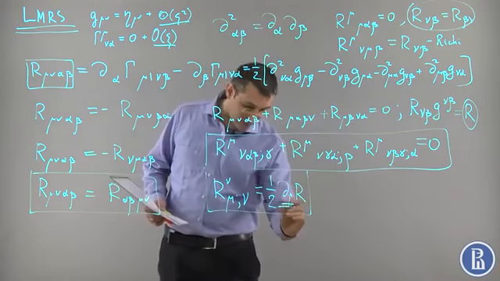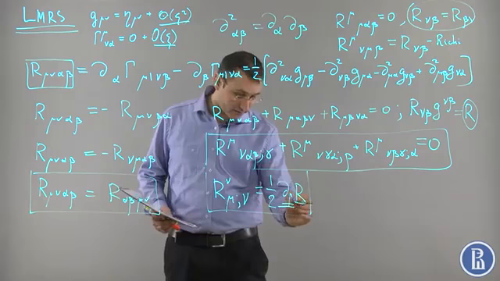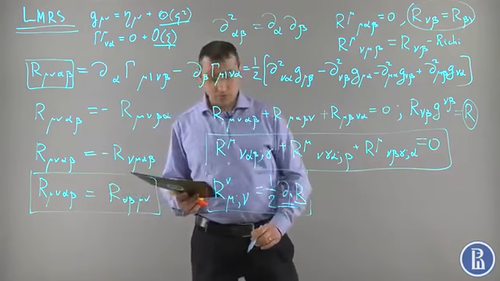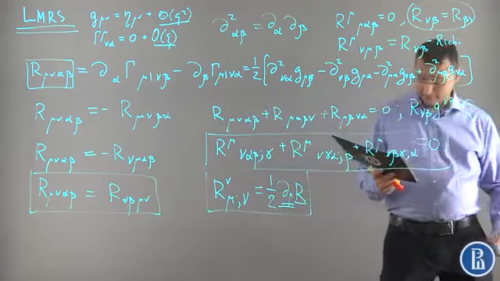Notice that this is a covariant derivative because it acts on the scalar. Covariant derivative when acting on the scalar is equivalent to the regular derivative.